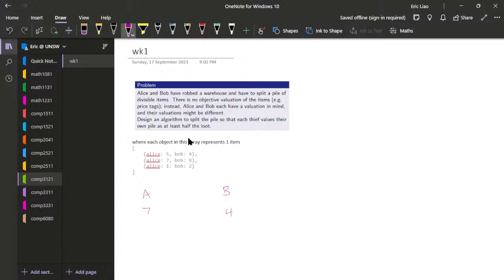And Alice doesn't have a choice. She gets 1. So Alice gets 8, Bob gets 4. Yeah, Alice is happy because she's gotten at least half the loot.